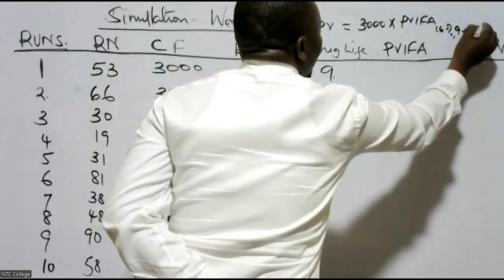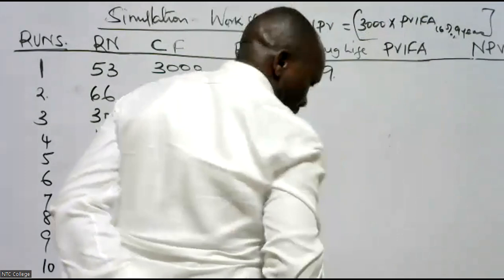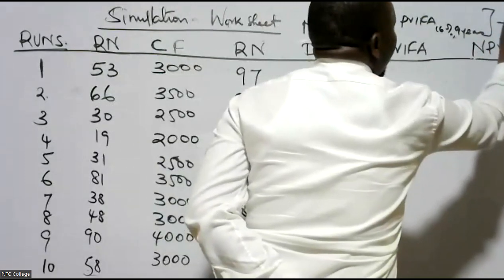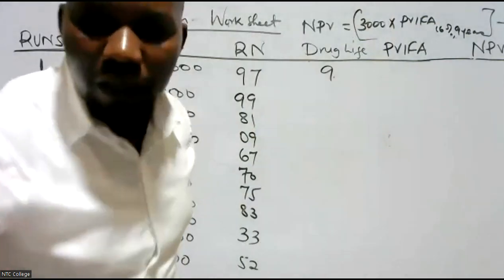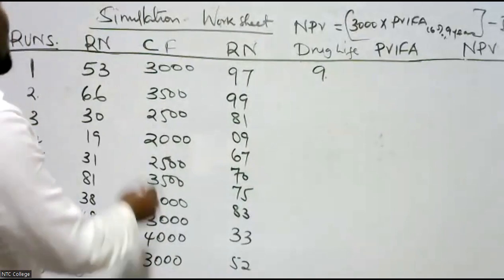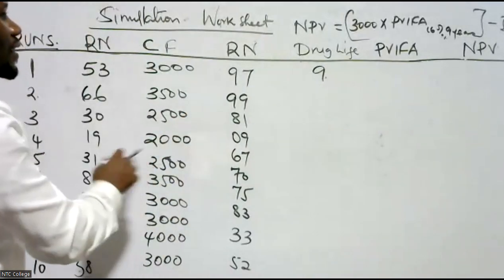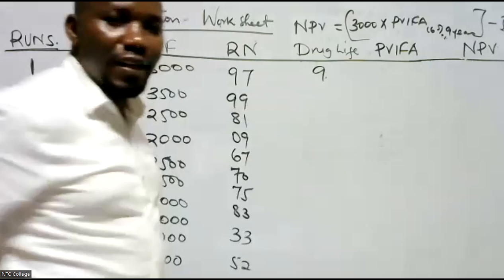Are you seeing? So you get all this times this, minus the initial outlay. Is it easy now? That is what you're going to do, so that we can get the NPV for the first run, then the second run, like that. So let's get the next one.